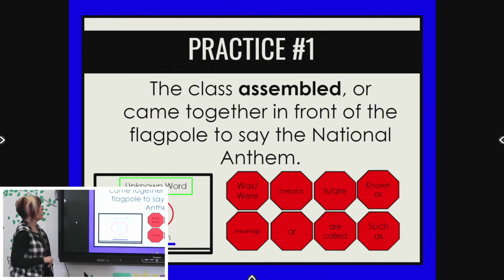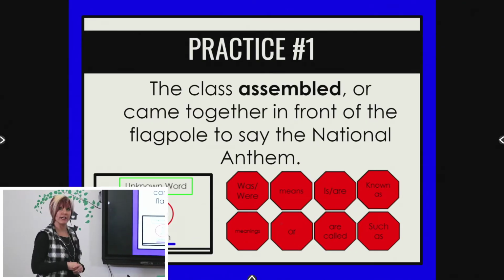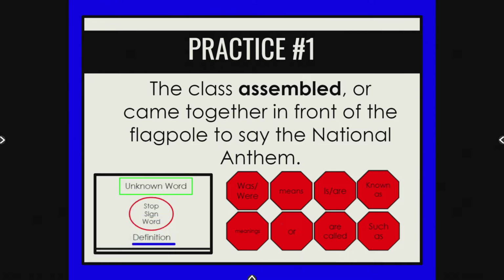Okay, let's try one. I want you now to try this before I give you the answers. See if you can get them right. The class assembled or came together in front of the flagpole to say the national anthem. Think about what the unknown word is. Excellent. Assembled. Easy because it's in bold, right? And then what is our stop sign word?